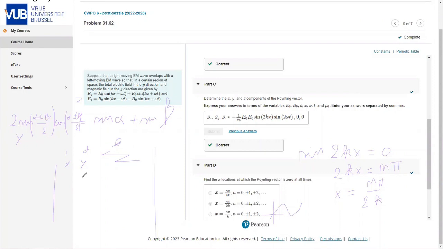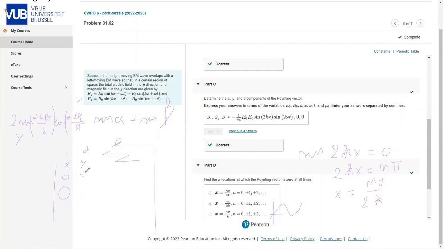And then you can say that for X, you didn't get anything, it was 0, 0, 0. There was nothing about X. So that's the direction, basically 0, 0.